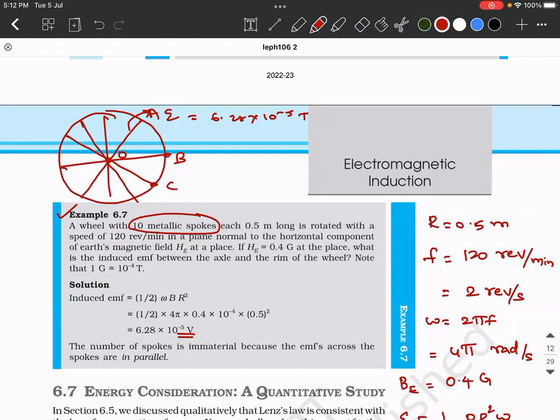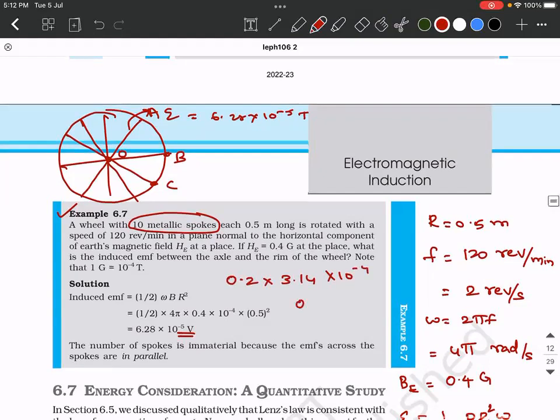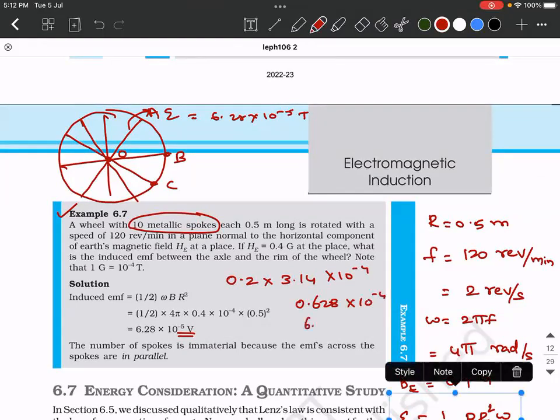Even if you have 10 more spokes, the EMF generated across every spoke is going to be the same because they are connected in parallel. Are you able to understand? 0.2 into 3.14 into 10 power minus 4 is 0.628 into 10 power minus 4, which is 6.28 into 10 power minus 5. Got it? Okay.